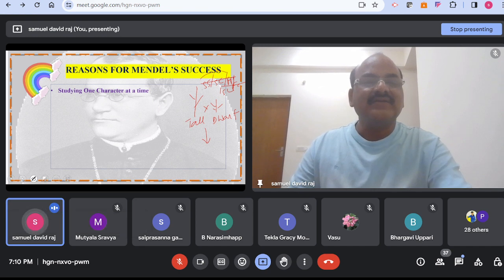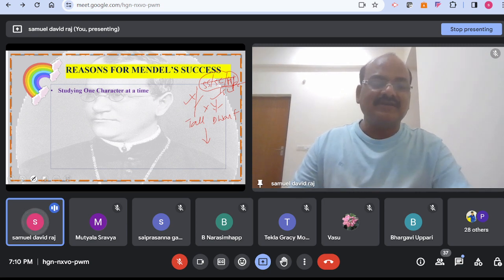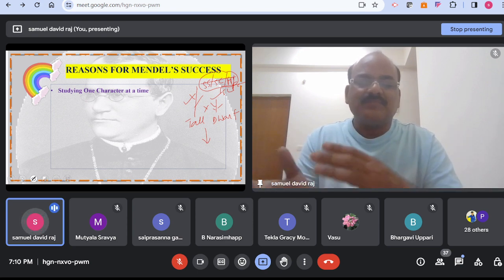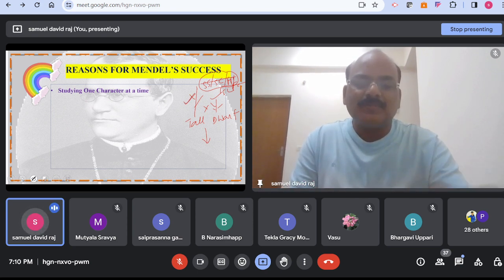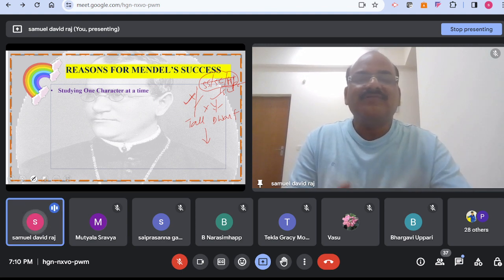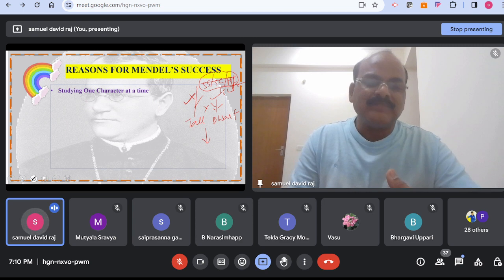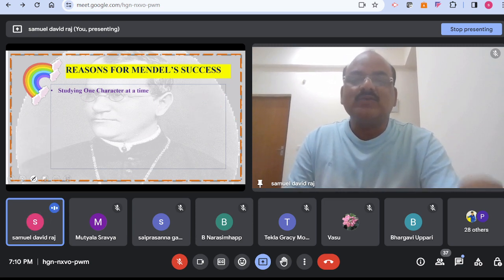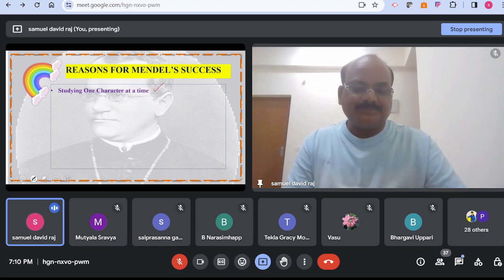Had he included all the characters of the same plant, there would have been no correct result, because the same plant has some dominant characters and some recessive characters, so he could not conclude when all the characters are mixed together. Mendel succeeded only because he studied one character at a time.